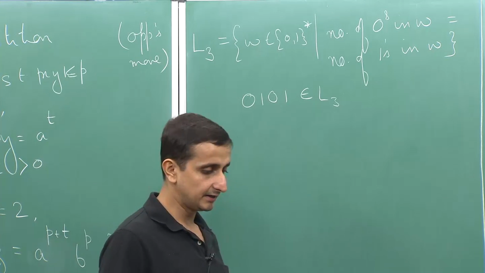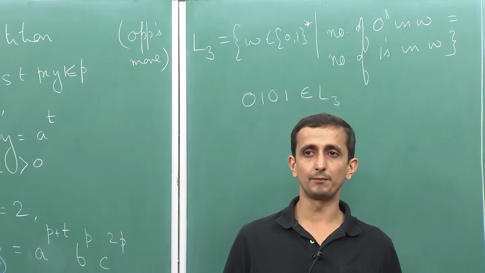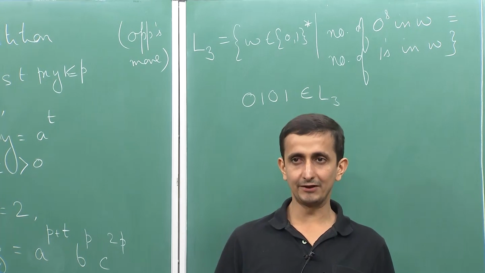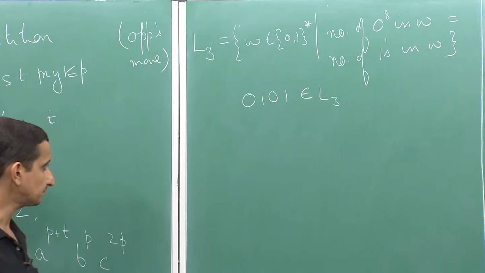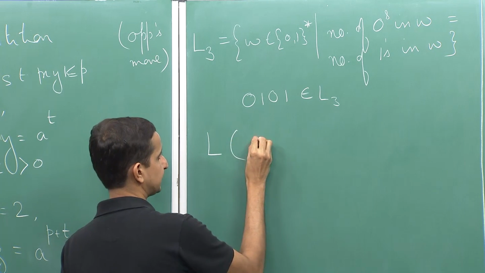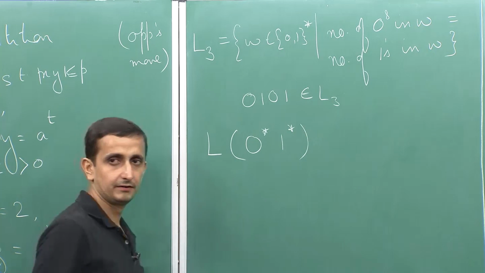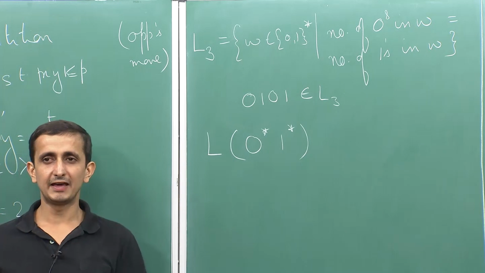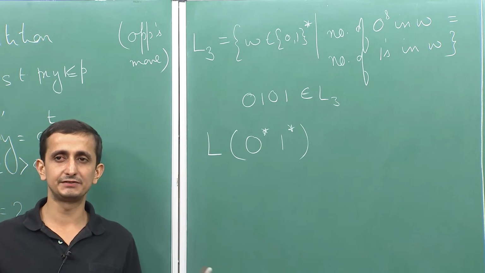Actually, here instead of using the pumping lemma, we will use closure properties of regular languages and show that L3 cannot be regular. So, first consider the language of the regular expression 0* 1*. This is a regular expression that corresponds to the language where we have a sequence of zeros followed by a sequence of ones, and there can be any number of zeros and any number of ones.